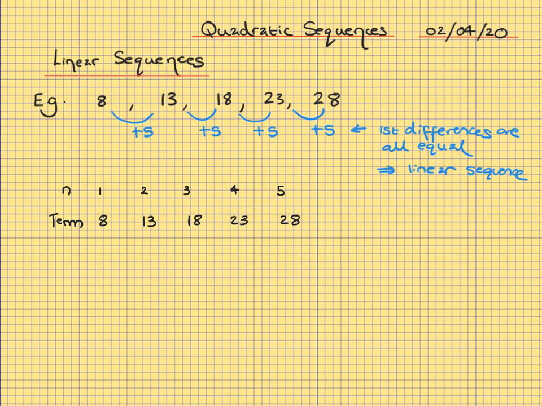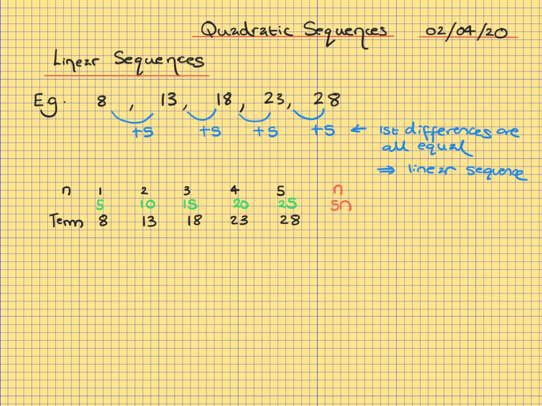If we write out the terms for the 5 times table, just here, they would look like this: 5, 10, 15, 20, and 25. Let's think about the nth term. The nth term for the 5 times table can be expressed as 5n.